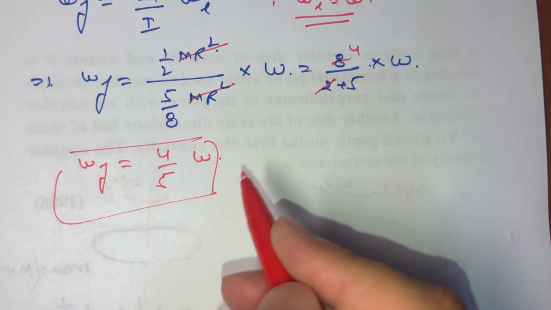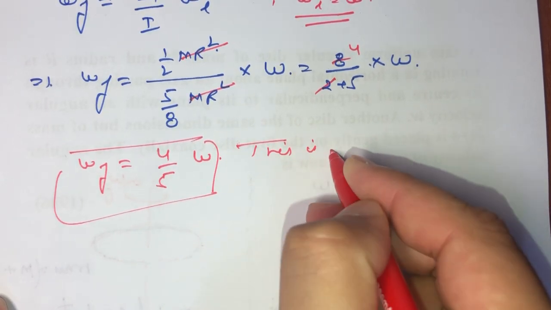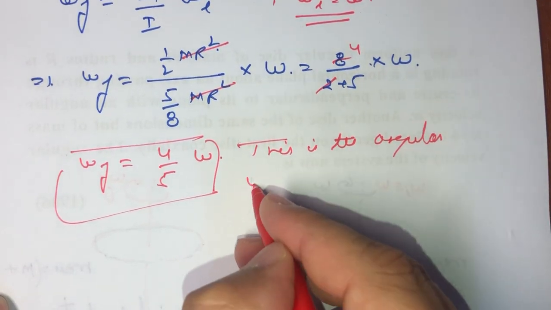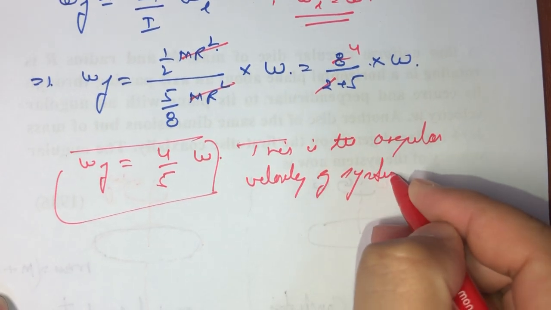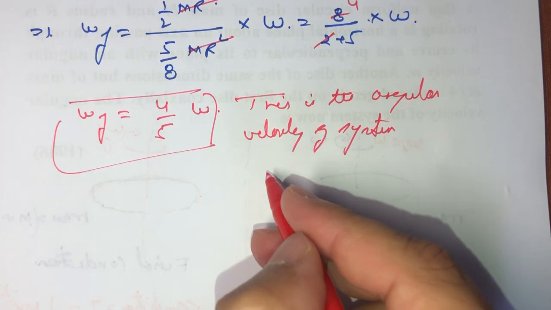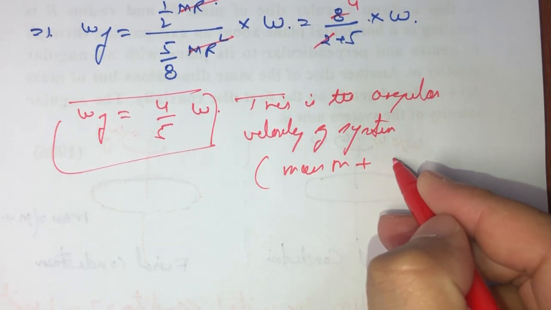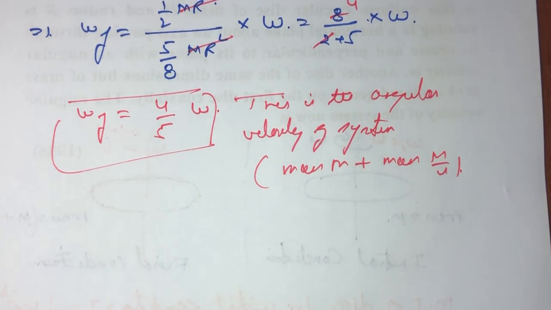So this is the final angular velocity of the system which was asked. Here system means mass M plus mass M by 4.